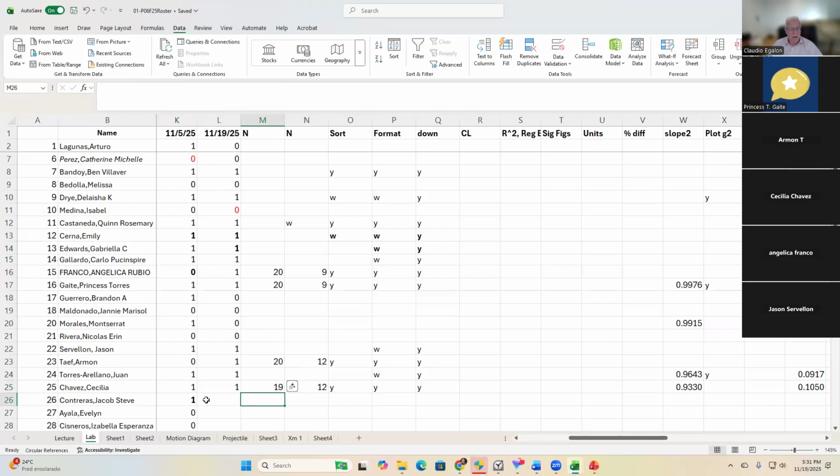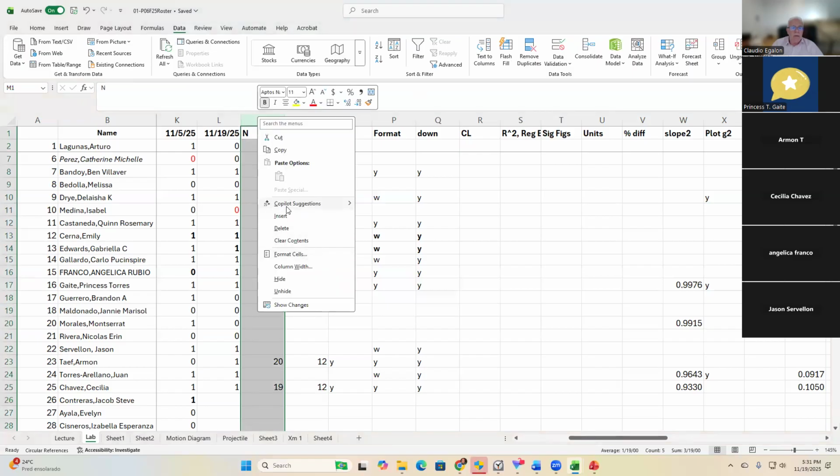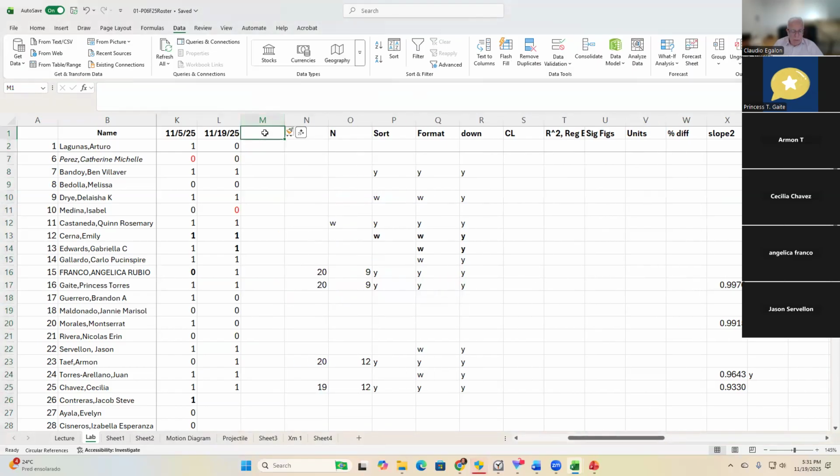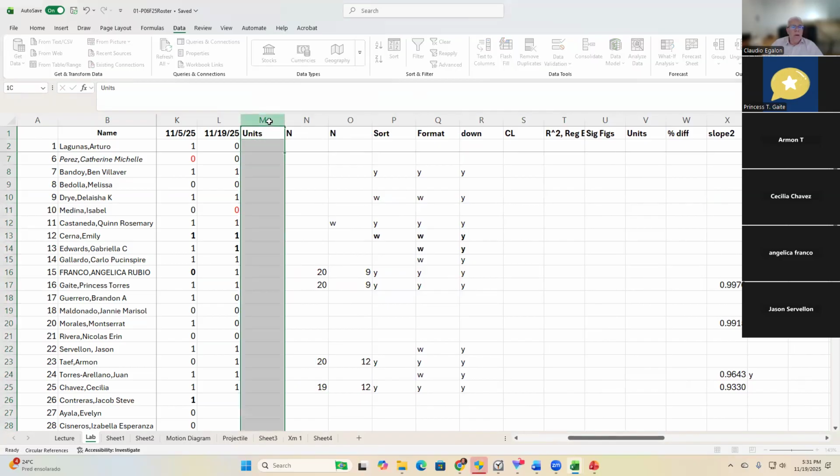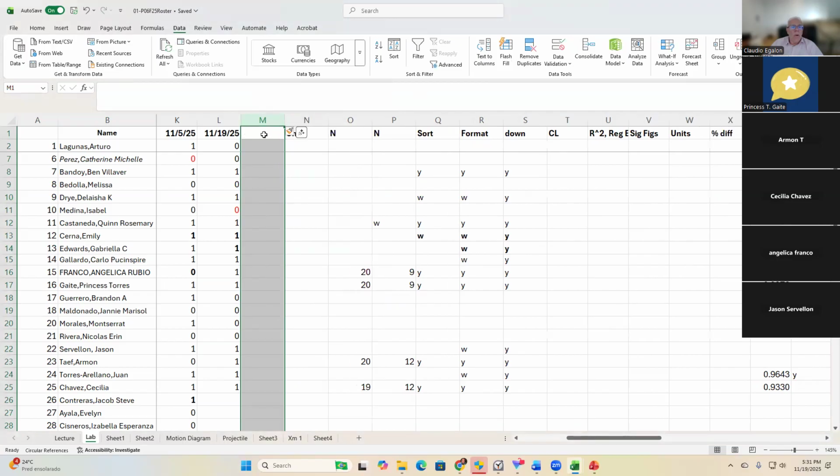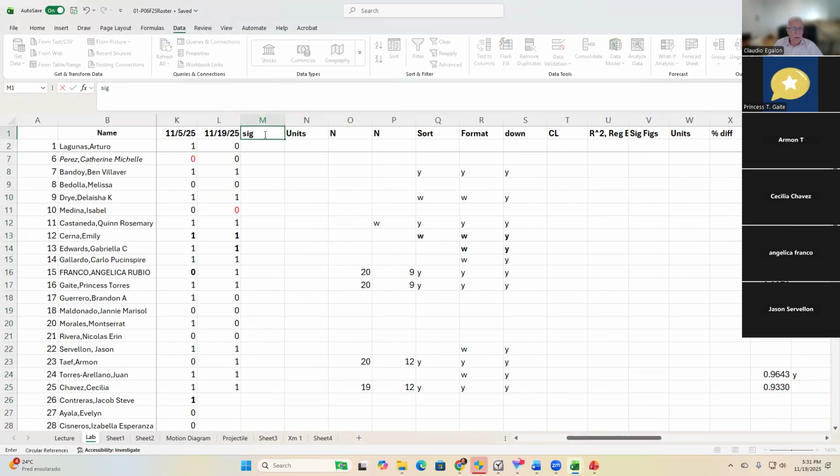Okay, that's good. So you can work on the other stuff. What you have to do is units, right? Gotta work on the units. Gotta work on the sig figs.